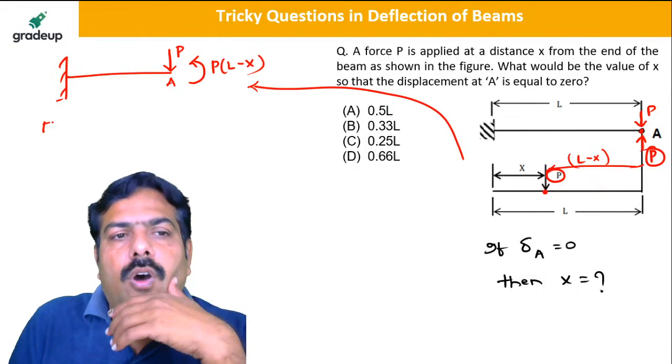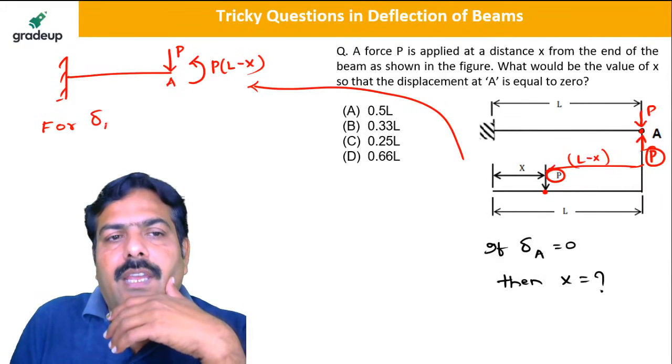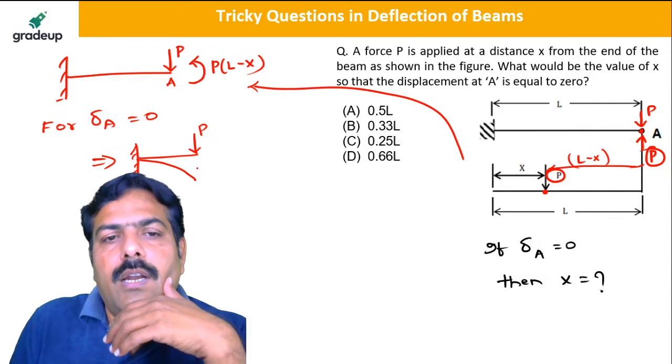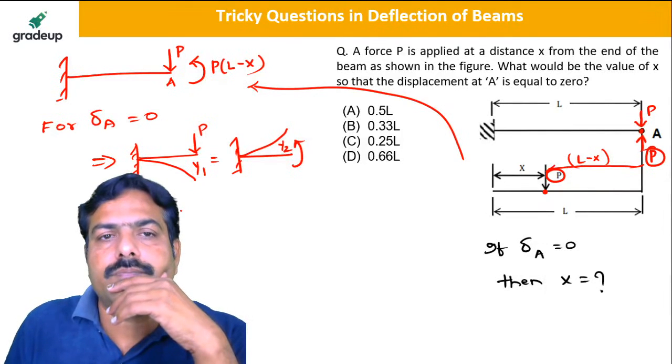So for the deflection at A to be equal to 0, compulsorily your deflection because of the load P, which is downward, should be equal to this deflection which is upward. So what is this?